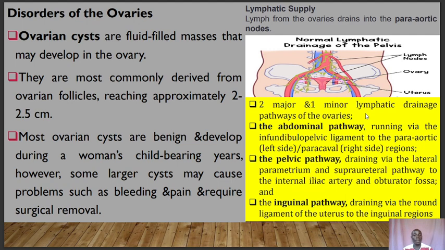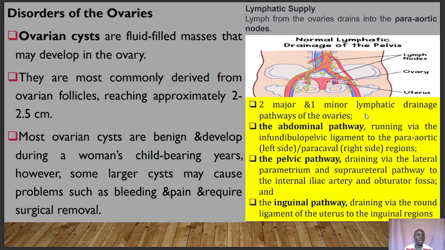Then you have the pelvic pathway and the inguinal pathway that normally drains around the round ligament of the uterus to the inguinal regions.